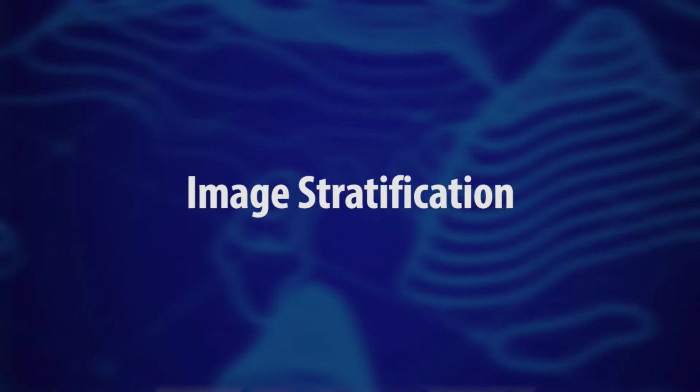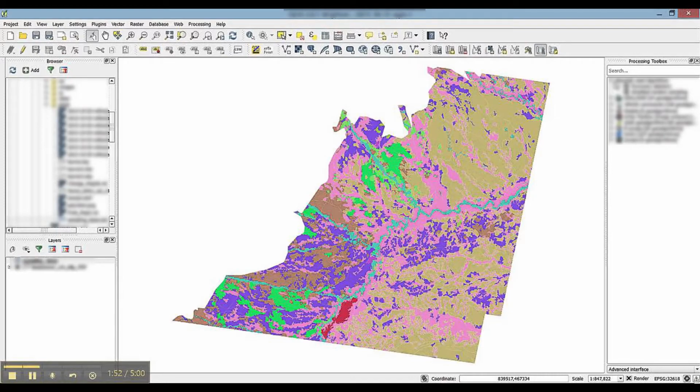Image stratification. Stratification is a procedure for subdividing an image into regions of internally homogeneous areas, that is strata. In digital image analysis, one approach is to use geospatial data for stratification and to classify each stratum separately.